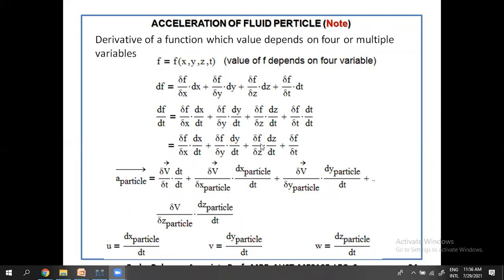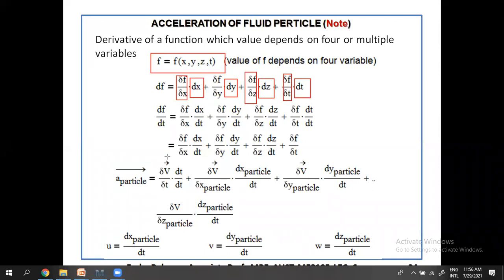You see, f is a function of x, y, z, and t. Now, how do you figure out the derivative df? You see, df equals del f by del x multiplied by dx, del f by del y multiplied by dy, del f by del z multiplied by dz, del f by del t multiplied by dt.